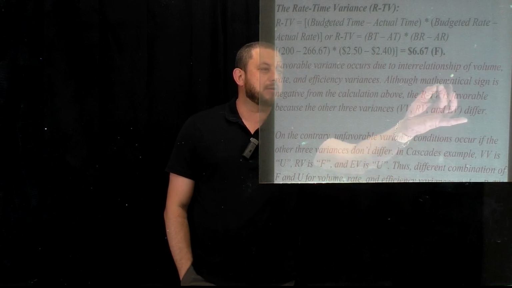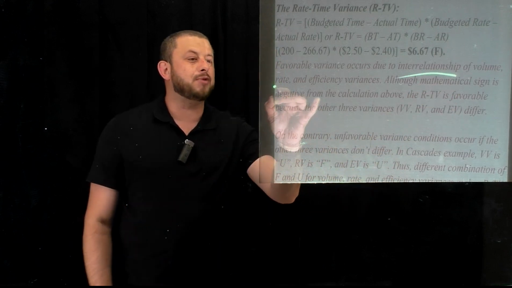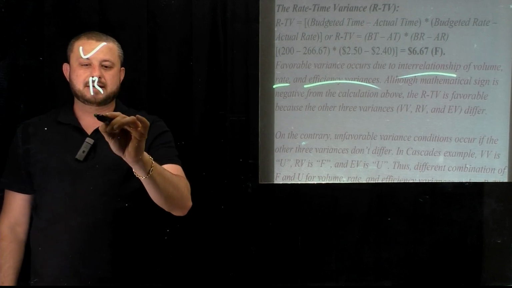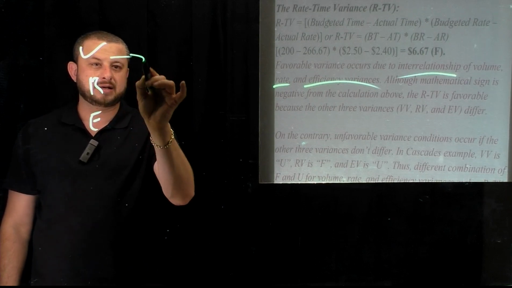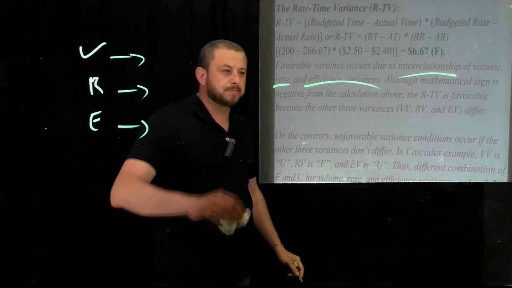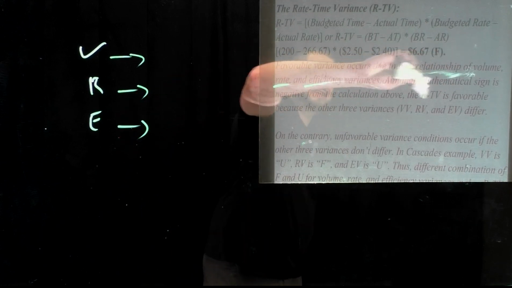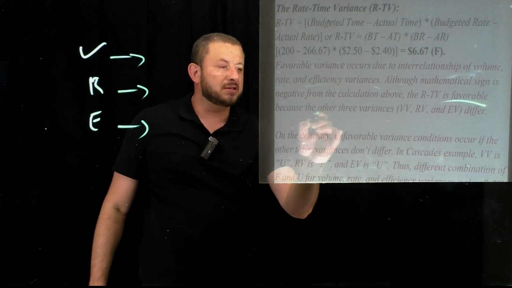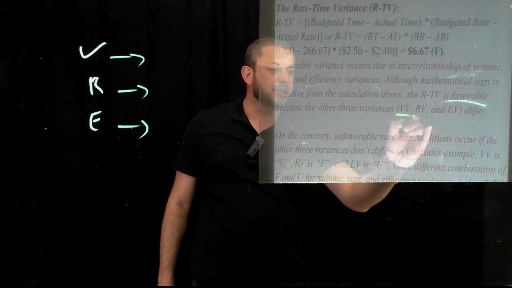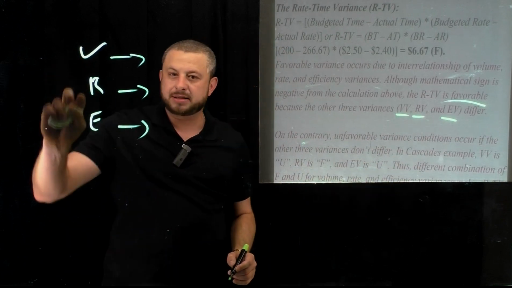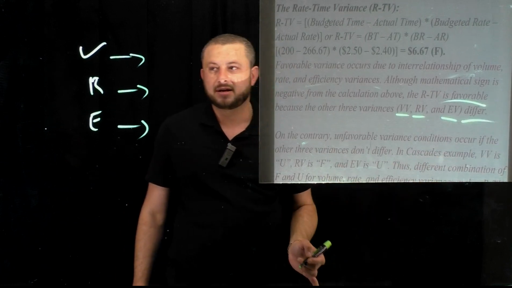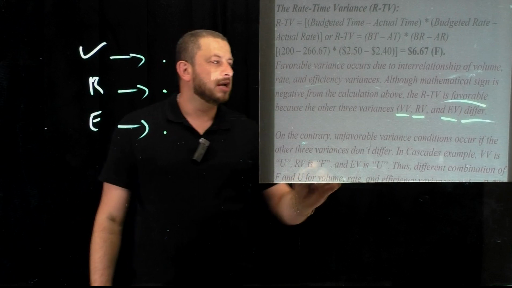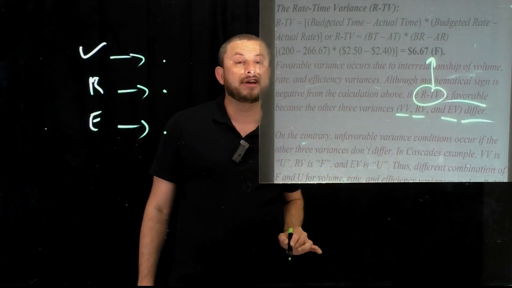Again, we're going to take a look at the relationship of volume, rate, and efficiency this time. Take a look at the conditions. RTV is favorable because the other three variances, VV, RV, EV, volume, rate, efficiency, differ. If they differ in terms of their condition, RTV will be favorable.